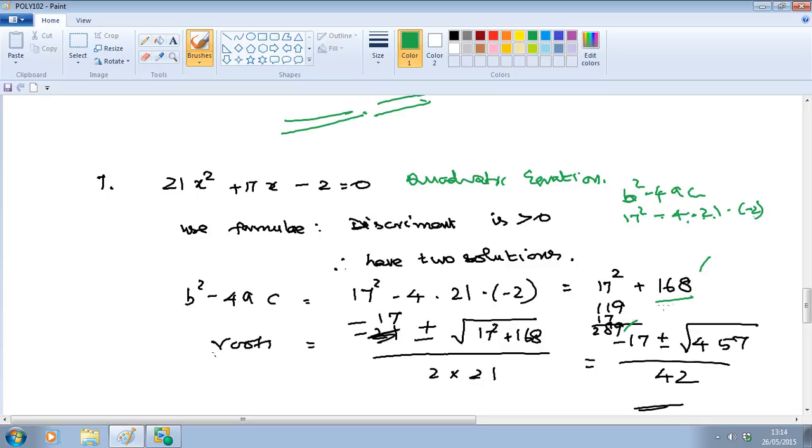We add these two and it will become 457.